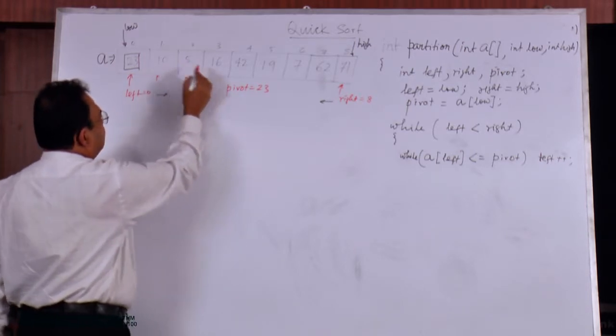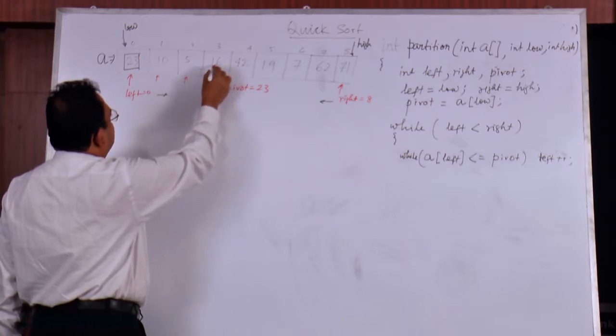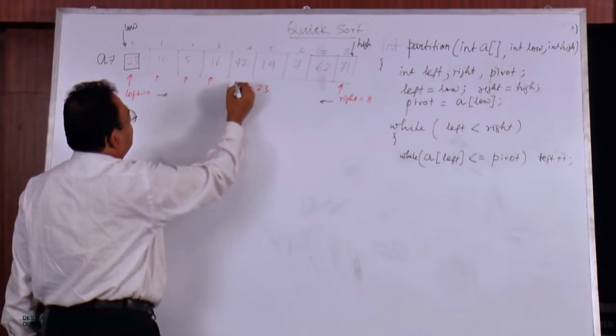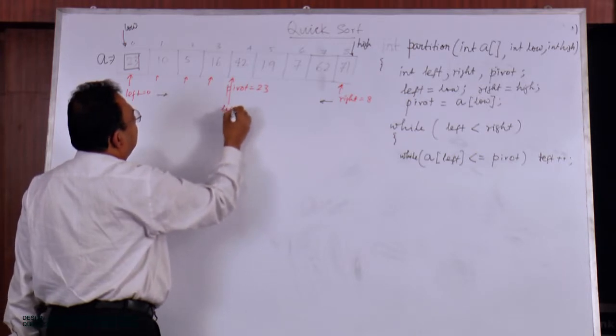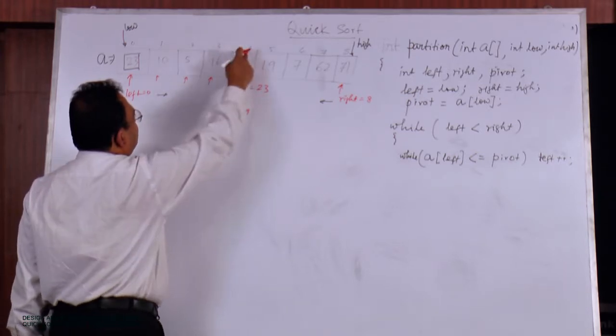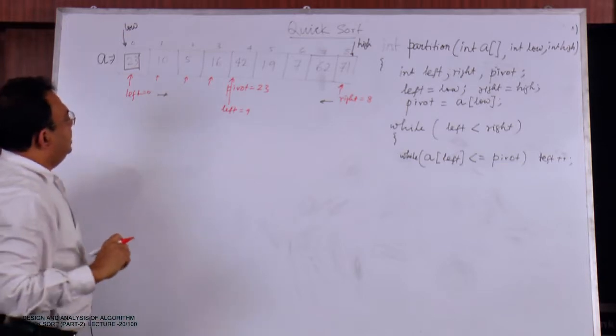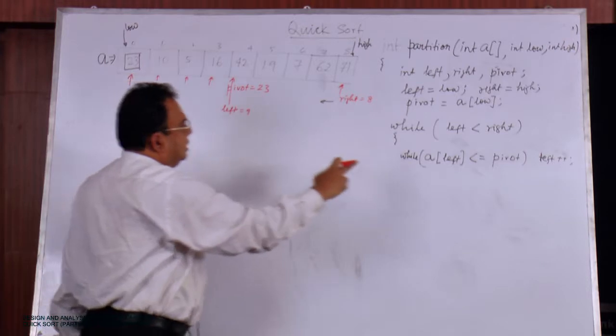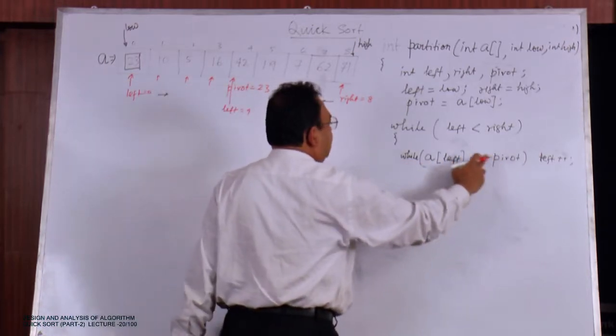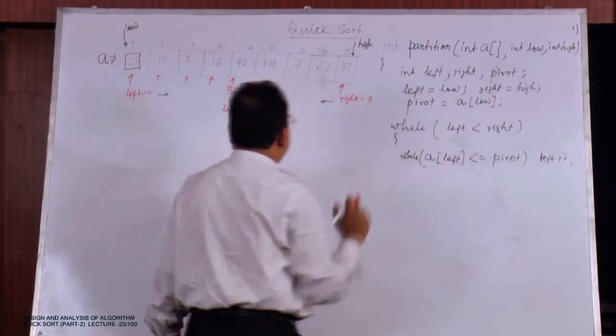Less than or equal to, yes, left plus plus. 16 is less than or equal to, yes, left plus plus. So, when the value of left is 4, holding this index, what is A[left]? A[left] is 42, which is greater than 23. So, this condition is false, and we come out of this loop.